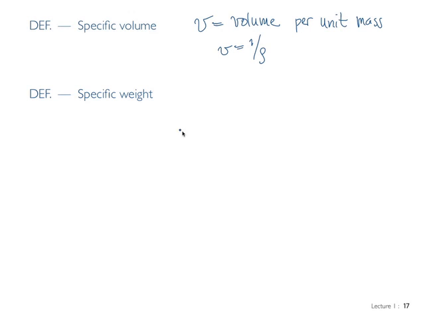Specific weight, we use the Greek letter gamma, is weight per unit volume. And so mass per unit volume is density, and to get weight, we need to multiply by an acceleration, in this case, the acceleration of gravity.